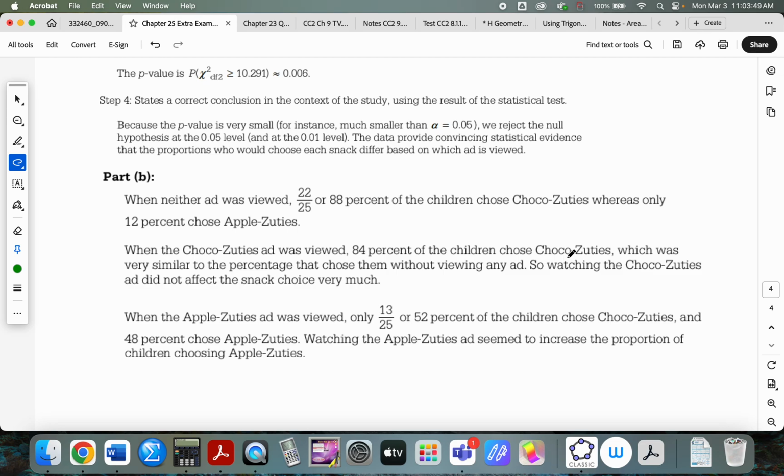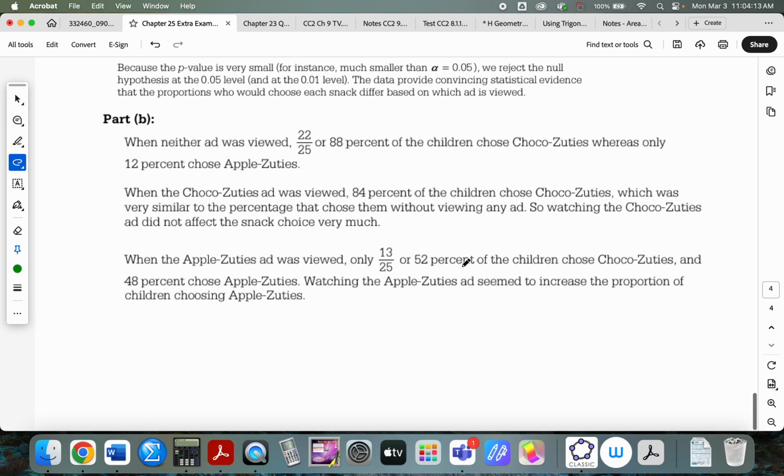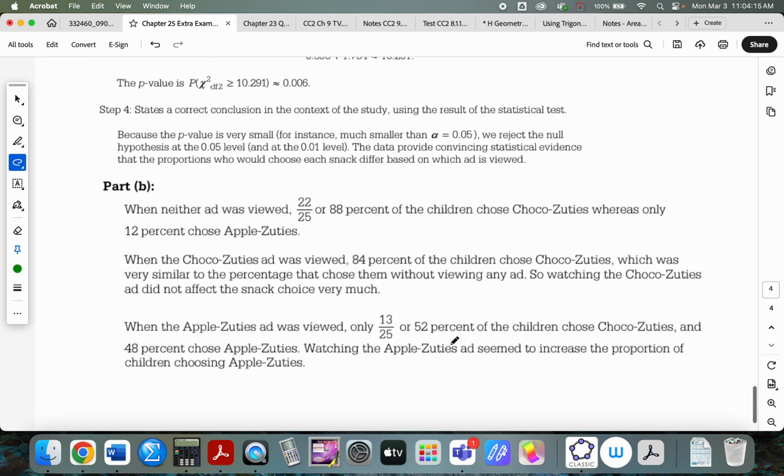So where would we be seeing all this so that we could write something like that? Is that in contributions, or where's that at? You're just looking at percentages. You do the percentage. You just divide 22 by 25.